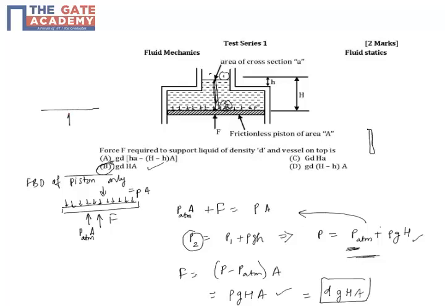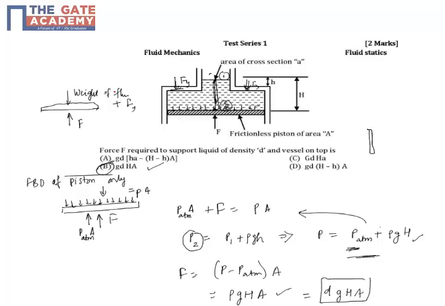The other way of calculating is that the force acting on this piston is the weight of the fluid plus also some force here, so that force plus the weight of the fluid together is what is acting here. So these forces also you have to consider. You cannot directly say that this force F is just equal to the weight of the fluid, because then you will get a very different answer.